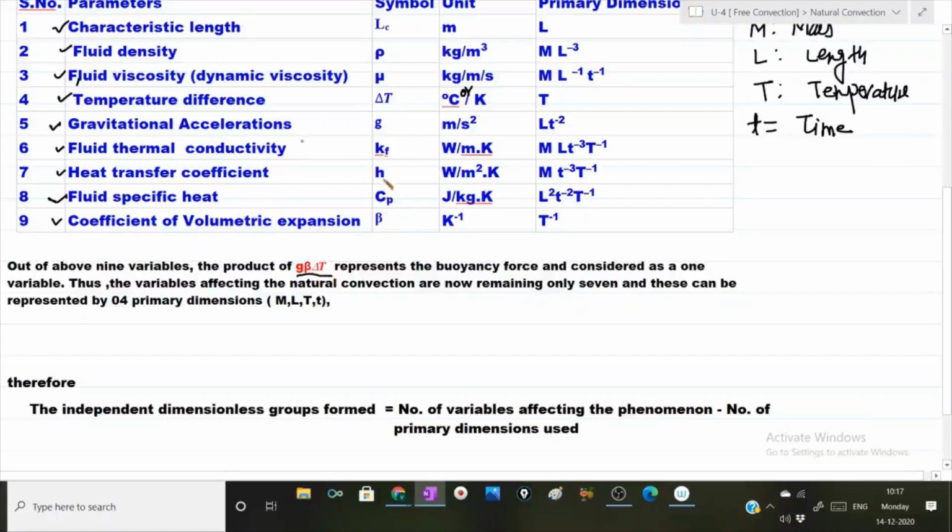So out of 9 variables, the variables affecting the natural convection phenomenon are now reduced to 7 variables only, and these 7 variables can be represented with the help of 4 primary dimensions: mass, length, temperature and time small t.